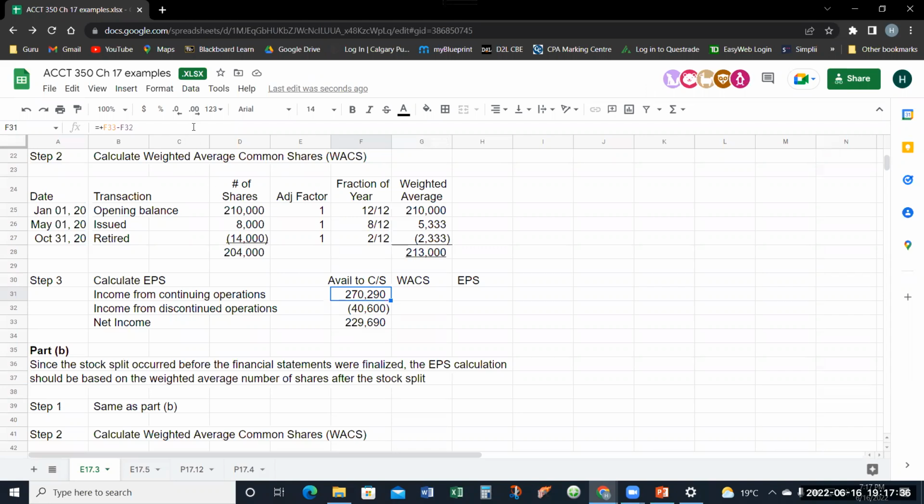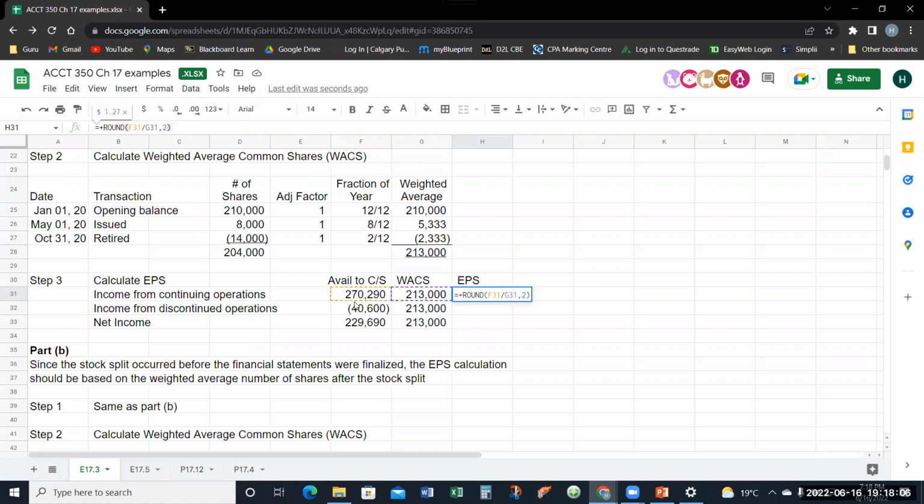All right, so that works out to 270,290. The weighted average common shares is 213,000 through and through, right? So that number will be consistently applied to each of these available to common shareholder amounts. The EPS is just the net income amount or the income available amount divided by the weighted average common shares.